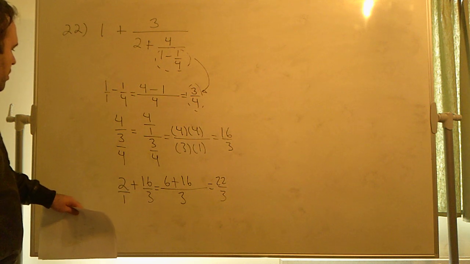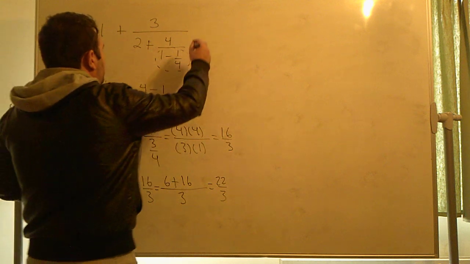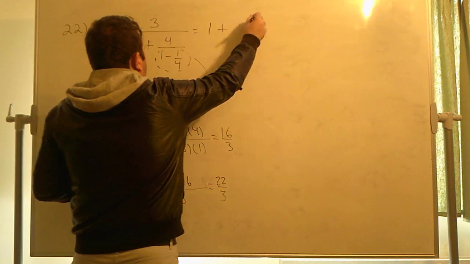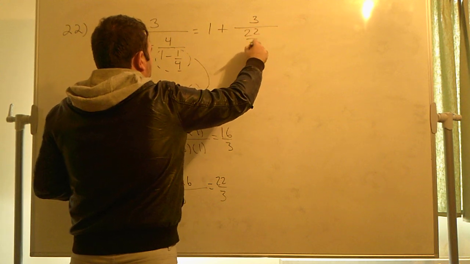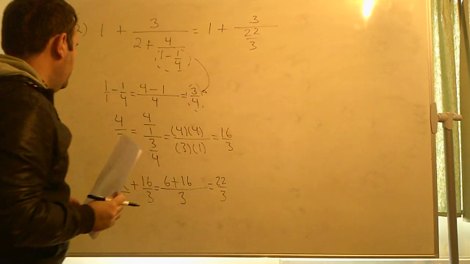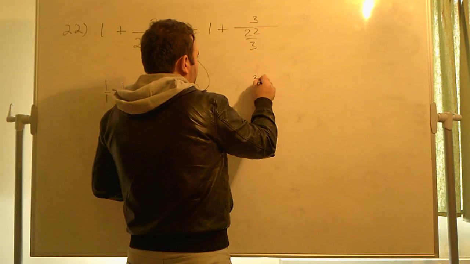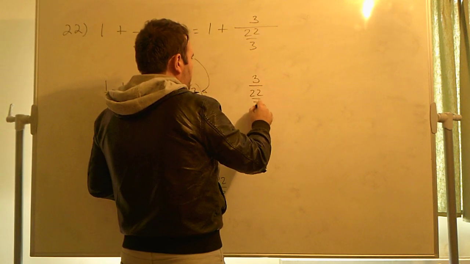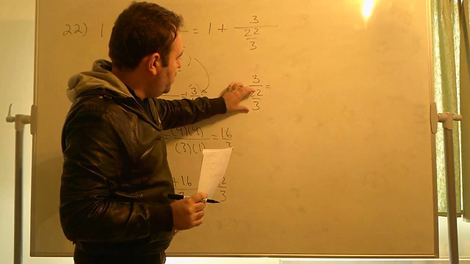So now really this is equal to 1 plus 3 divided by 22/3. Okay, now we need to divide 3 by 22/3. So what we do is we have an integer divided by 22/3 here.